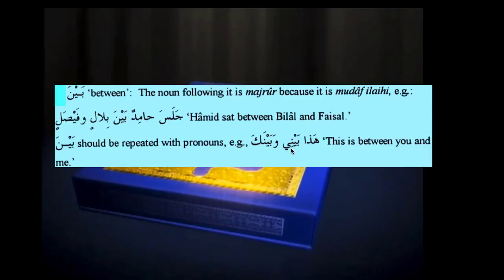We don't say hadha bayni wa anta, that's not the way. We have to use a pronoun, so bayna is repeated. Hadhihi al-qissa baynahu wa baynahum, this story is between him and them. That is how bayna is repeated. Just small tips to understand the Quran, inshallah.